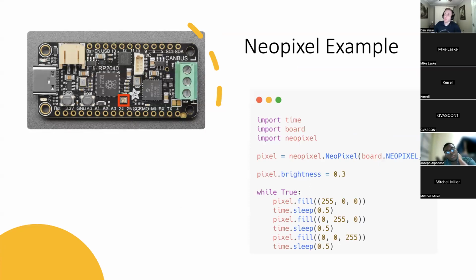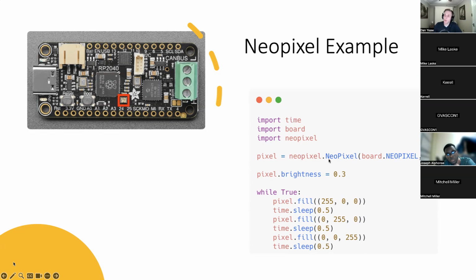Here's one more example, and then we'll do a live demo. So these boards have what's called a NeoPixel. So it's this color changing, very bright kind of LED. And so this is an example where we're importing a library called neopixel. It's not part of the standard library, but time and board are. And then we're doing something very similar.